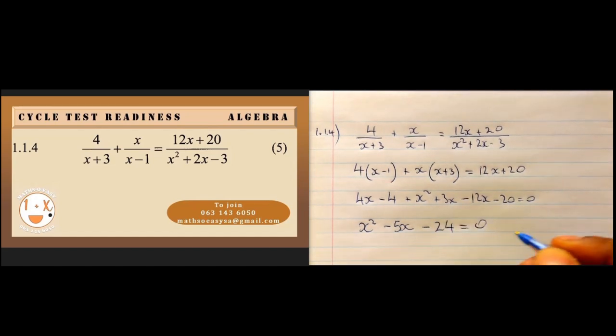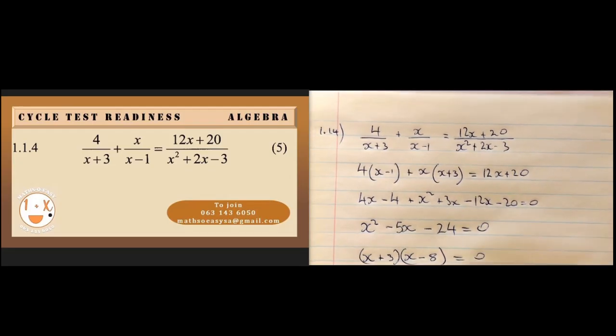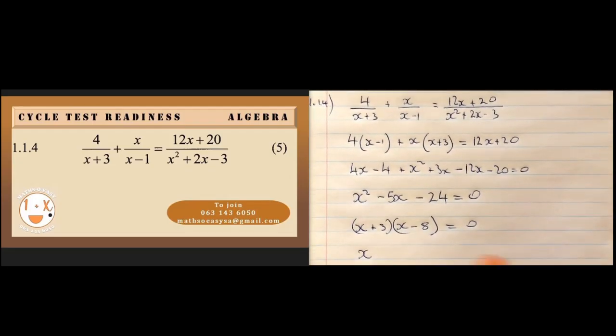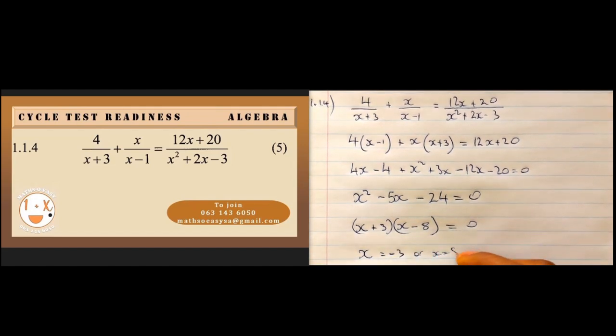Already, if you know your numbers, grade 8 and 9, I teach you too much. Your 24, 12 and 2, 6 and 4, 8 and 3. So if I know my 8 and 3, and I want the negative to be on the bigger number, I am sorted like that. Then all you can do now, you can say x is equals to negative 3 or x is equals to 8.